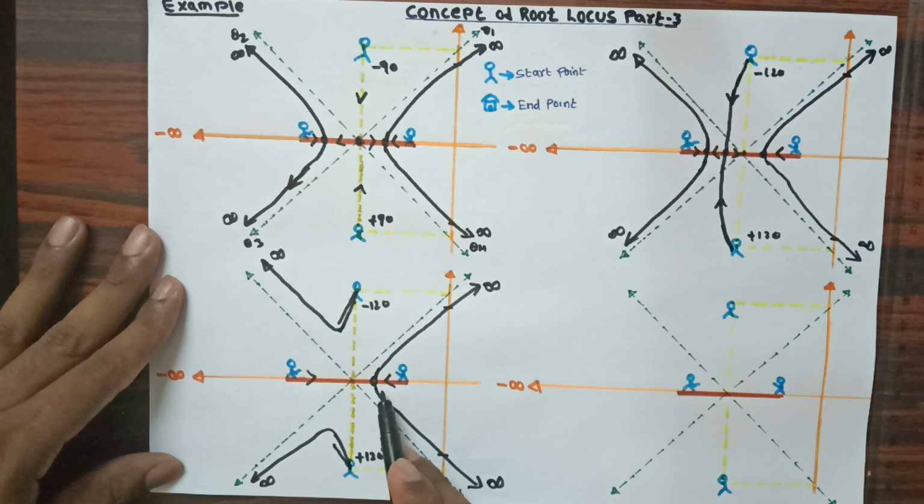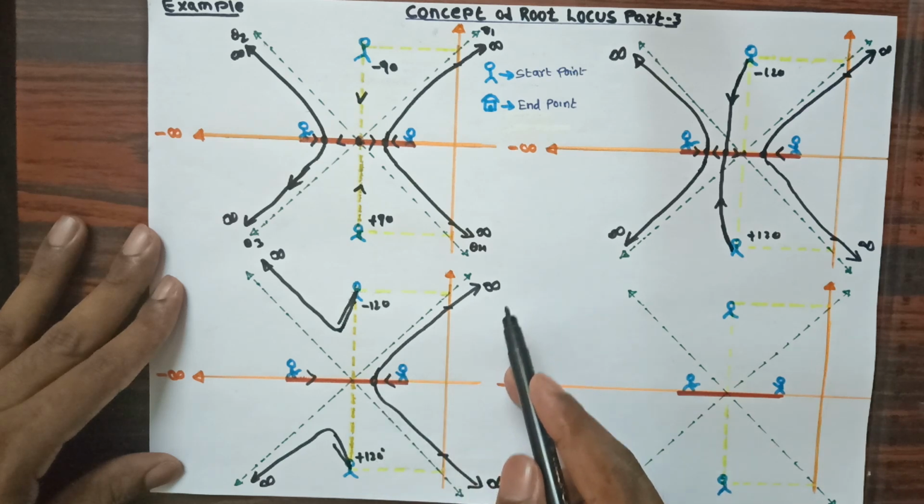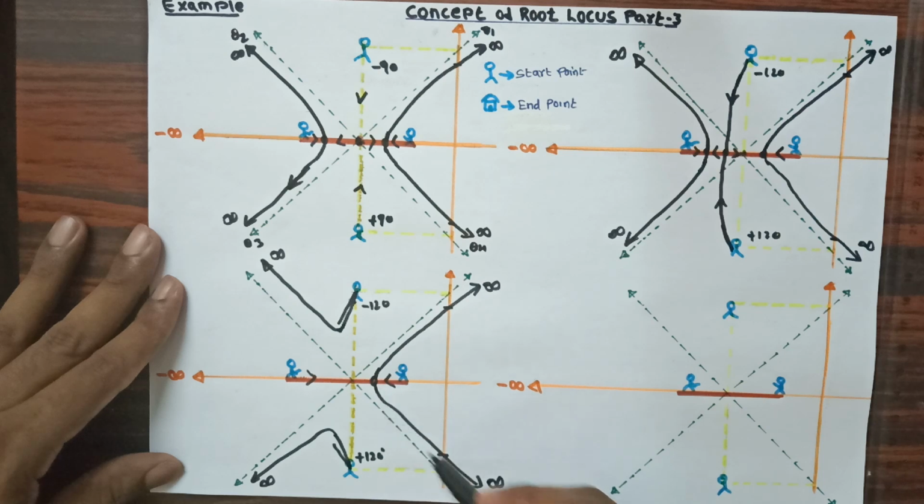Remember, when these two persons meet at this point, any one will move in this direction and the other person will move in this direction. So you may get this type of response if I have not given a breakaway point for these two persons.